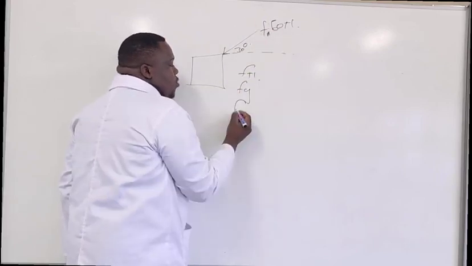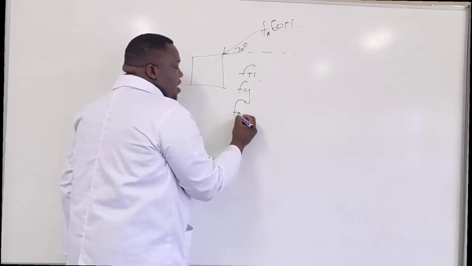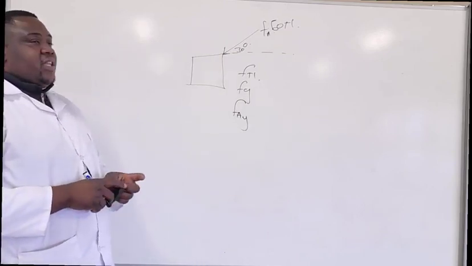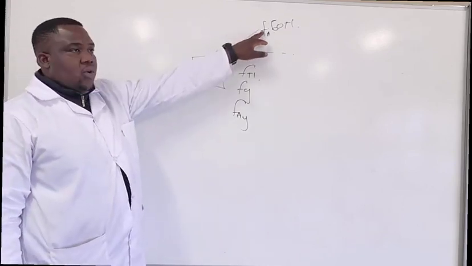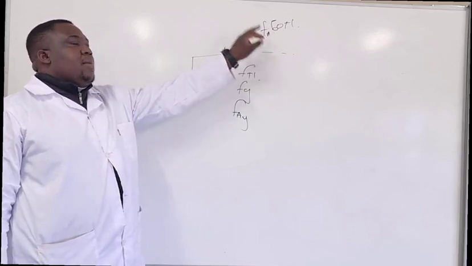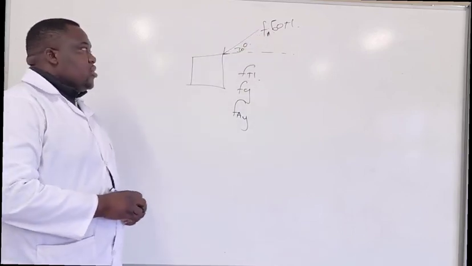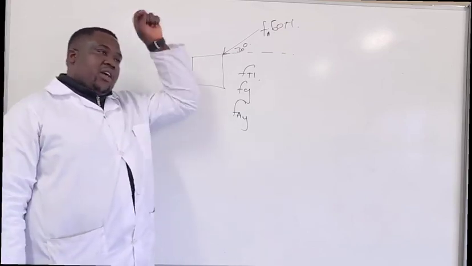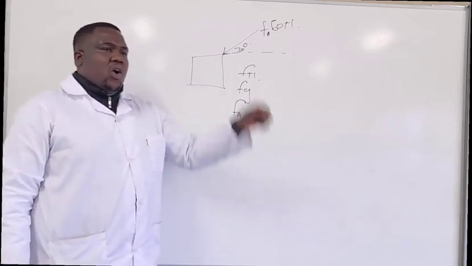Let us call this one Fy. It means the forces which are acting vertically include the vertical component of this applied force of 60 Newton. I told you that if the force is going down, its component will go down.